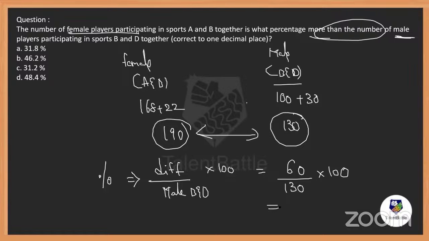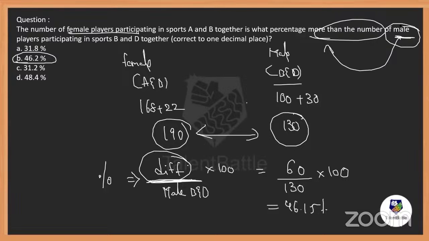But we are comparing with 130. So 60 divided by 130 into 100. So we get around 46.15 something, which is approximately 46.2%. Whenever they ask you more or less, always difference by the base value. We are taking females are more than male by how much? So you need to divide with the male value into 100.